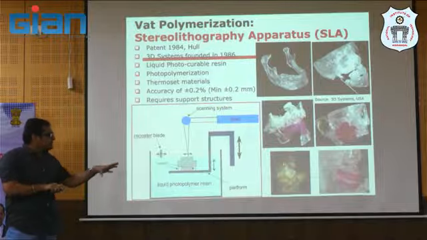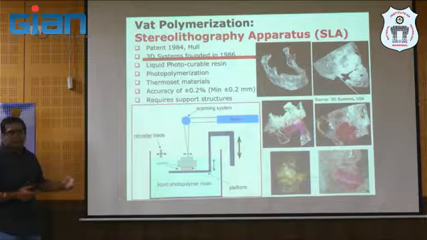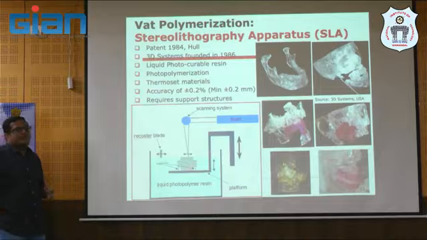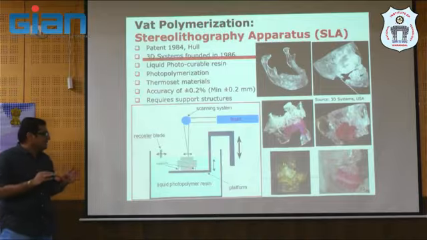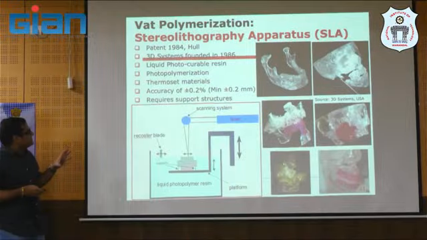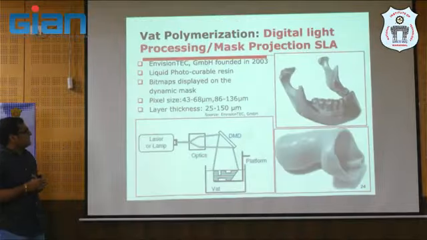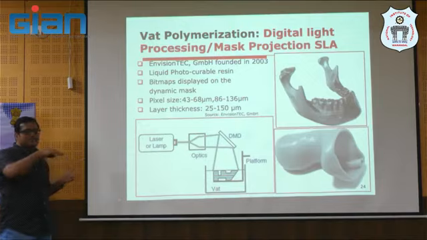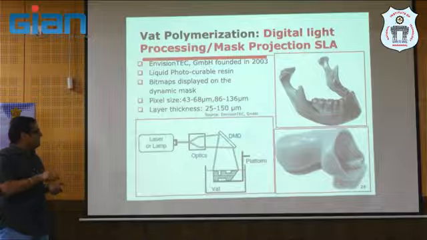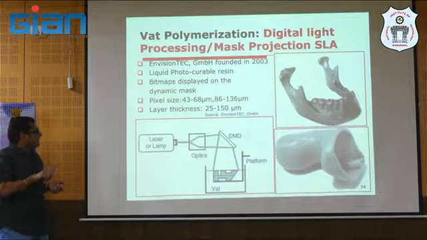So if you have this kind of process, where you can make a more transparent, even see-through material, you can plan very well, right? That is the advantage of the VAT-based system. DLP is also the same, but it is mask-based. In VAT, it's only point by point with the laser, but in DLP it's basically a mask.